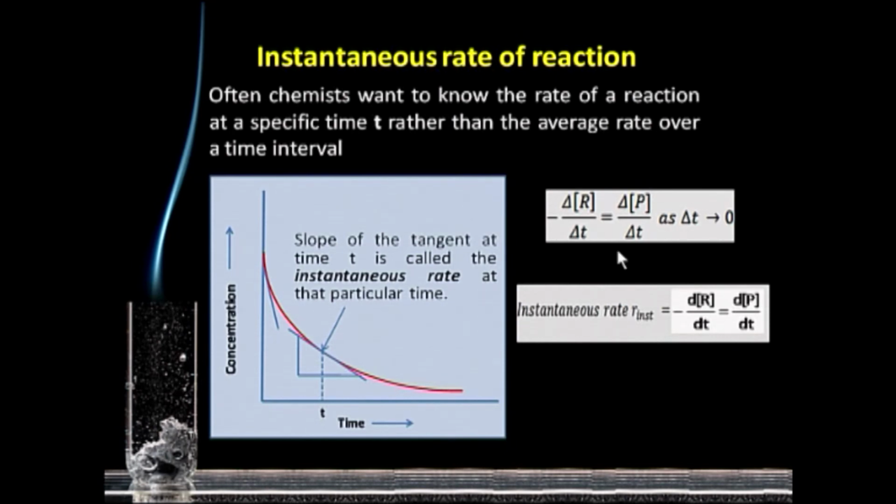So, you look at what we have written. Instead of delta, we have written minus dR by dt equal to dP by dt. Now, we also want to find out what could be the initial rate of reaction when you have just mixed the reactants.